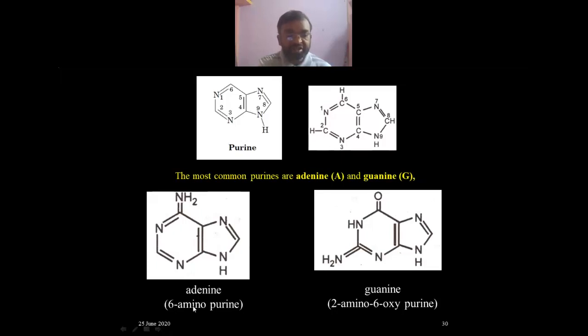For example, 6-amino purine means you know the purine, and at the 6th position you add an amino group, that becomes adenine. 2-amino-6-oxypurine: at the 2 position you add an amino group, and at the 6th position an oxy group.